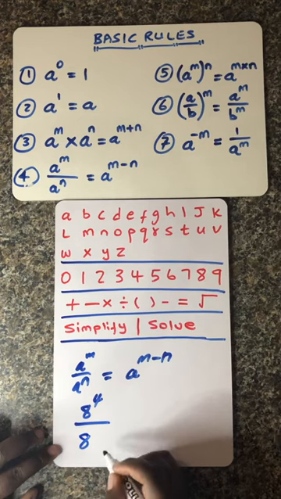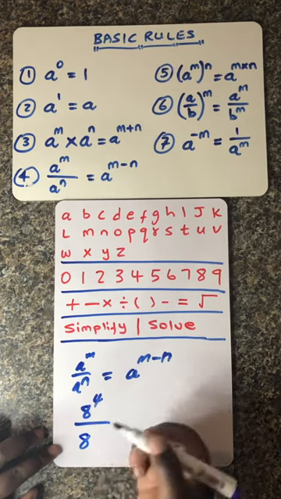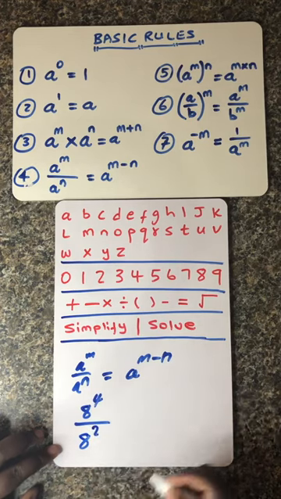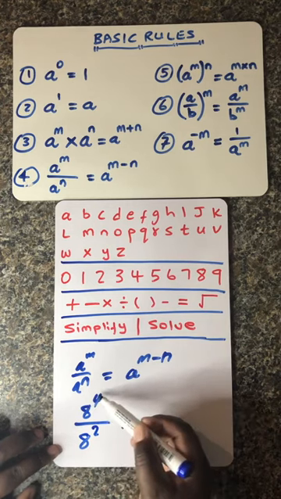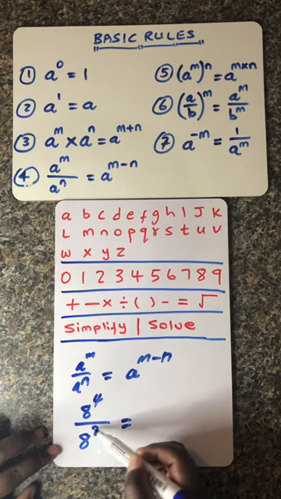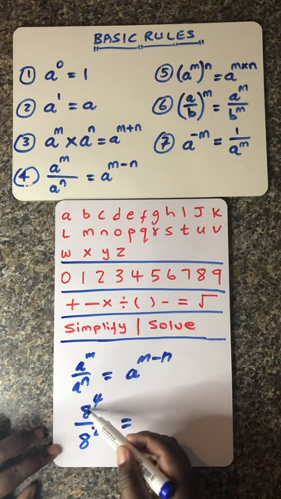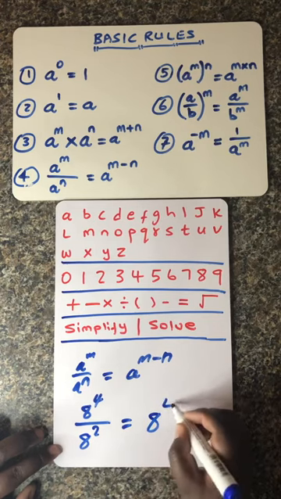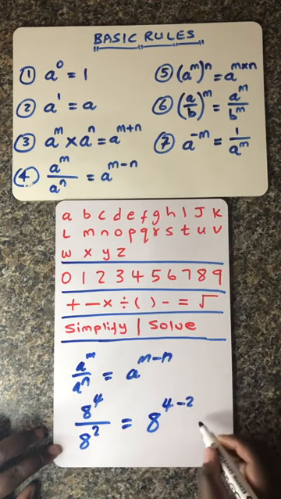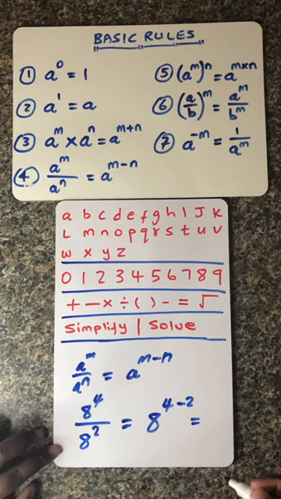And n, I can use any number, let's say 2. So what they are saying is that because you have 8 to the power something over 8 to the power something, instead of writing 8 twice, you can just have 8, then you subtract the exponents. Okay, so that's what that rule means.